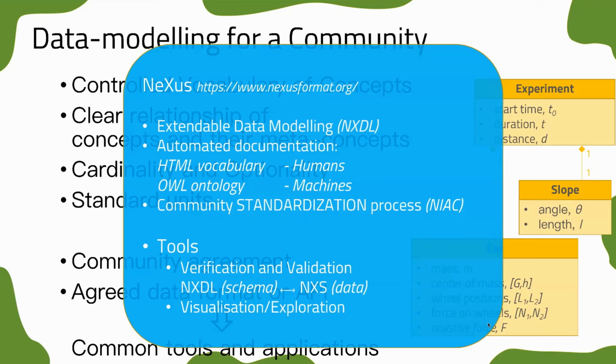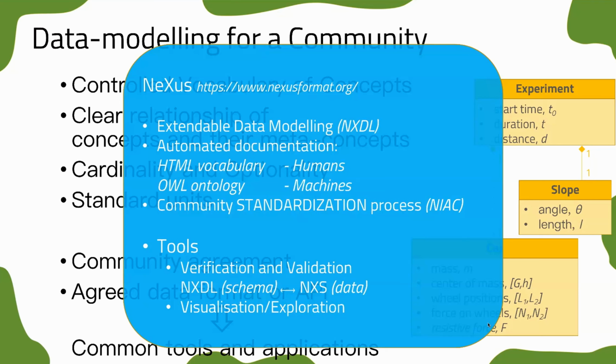From this description, there is a machinery which automatically generates an HTML vocabulary for us humans, but also a whole ontology for machines. And NIAC is responsible for checking that this standardization will be maintained. Whatever the community agreed on won't just disappear from one day to another.